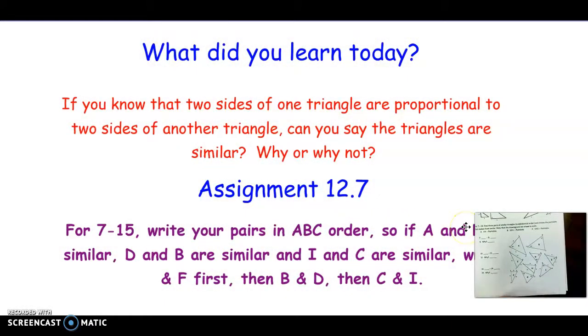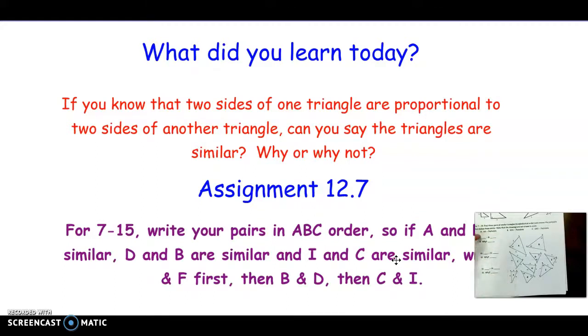It tells you to write your pairs in A, B, C order, in alphabetical order. So if you find A and F are similar, D and B are similar, and I and C are similar, you would write A and F first, and then instead of writing DB, you would write BD, and then instead of writing IC, you'd write CI.